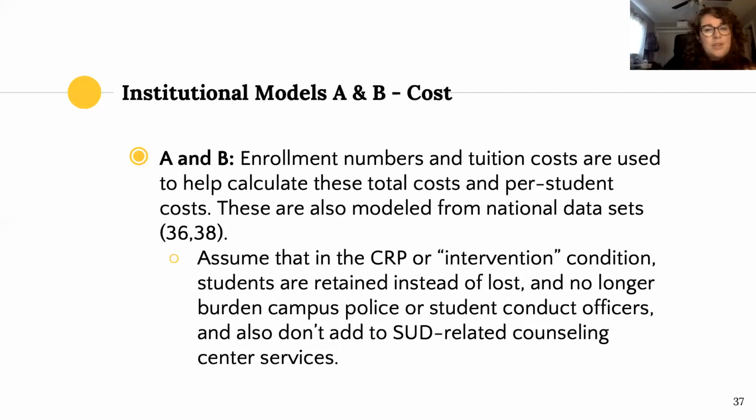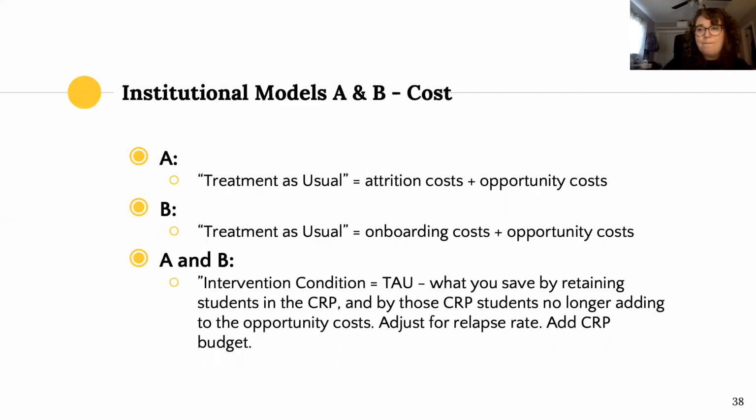We also assume that in the intervention condition, so in the CRP condition, instead of losing students to attrition, we get to keep them, and they're no longer using those opportunity costs for those key campus personnel. So we're saving that, right? So to sum up, our costs in institutional model A are attrition tuition costs and opportunity costs.